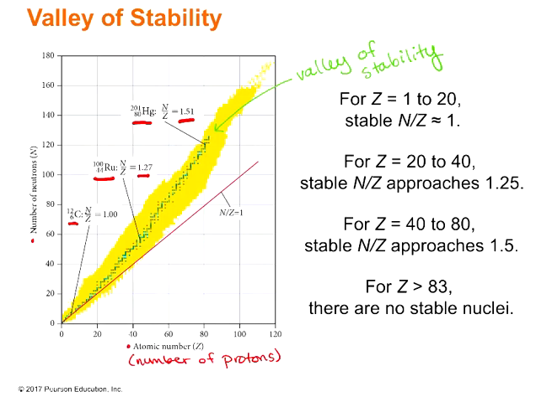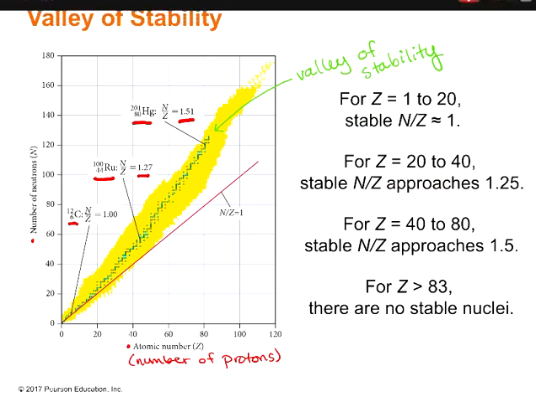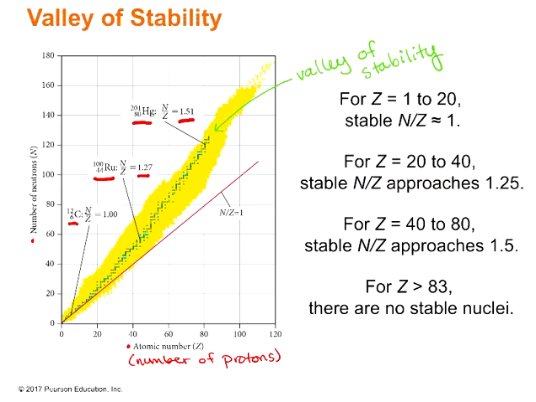So we'll start with the first 20 elements on the periodic table. If your atomic number is between 1 and 20, stable nuclei have a neutron to proton ratio of about 1. So that's this region here. And then for the next 20 elements, the atomic numbers 20 to 40, a stable neutron to proton ratio is around 1.25.